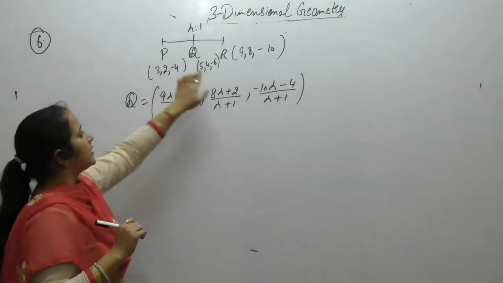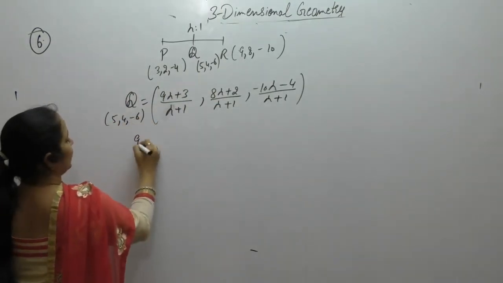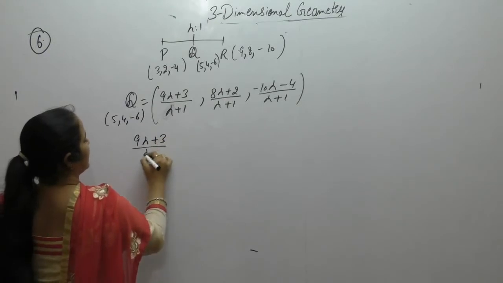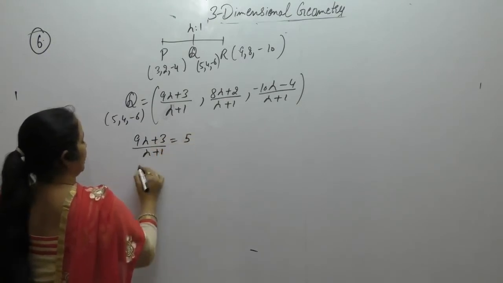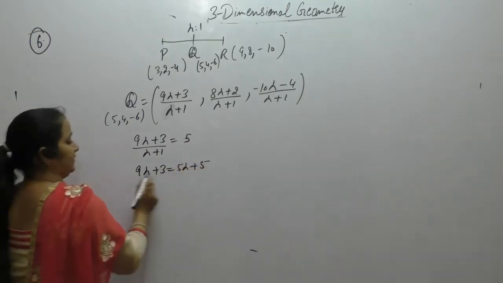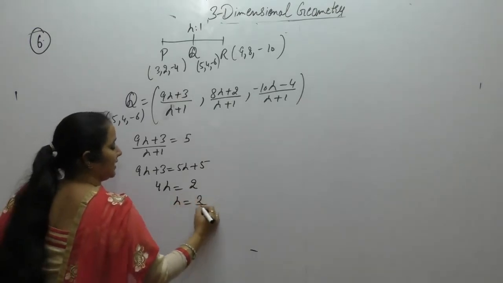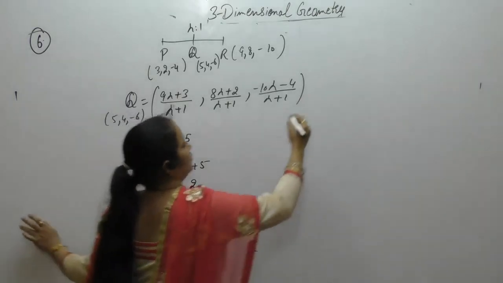We have been given the coordinates of Q as 5, 4, minus 6. Equate any term, x coordinate with x. So what we get? 9 lambda plus 3 is 5 lambda plus 5. 9 minus 5, 4 lambda. 5 minus 3 is 2. Lambda is 2 by 4, 1 ratio 2.